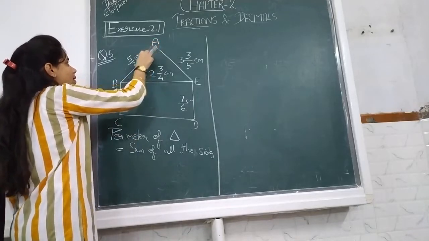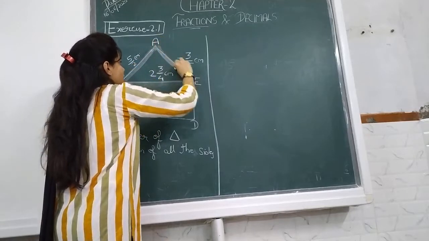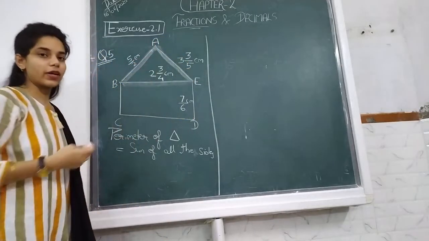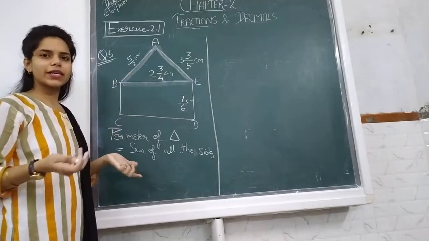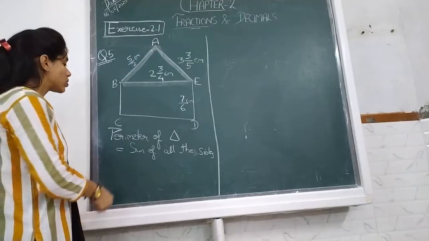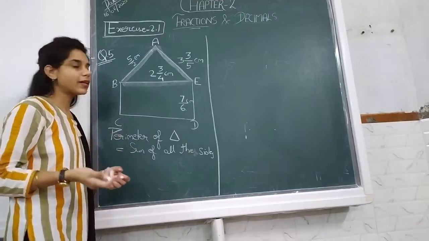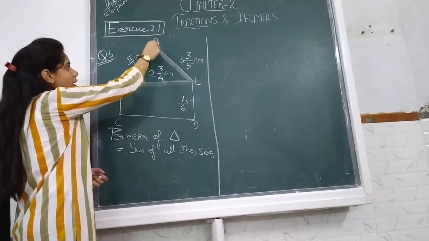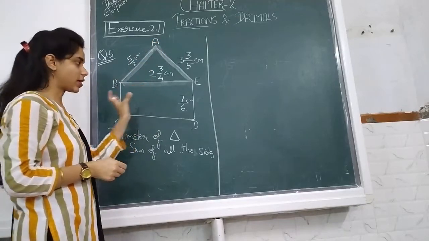Perimeter means the covering of the outer part of the figure, the outer part of the triangle or rectangle. It can be any shape. It can be a circle also. In a circle we need to determine the circumference. We will discuss that later. But now we need to determine the perimeter of this triangle and this rectangle.